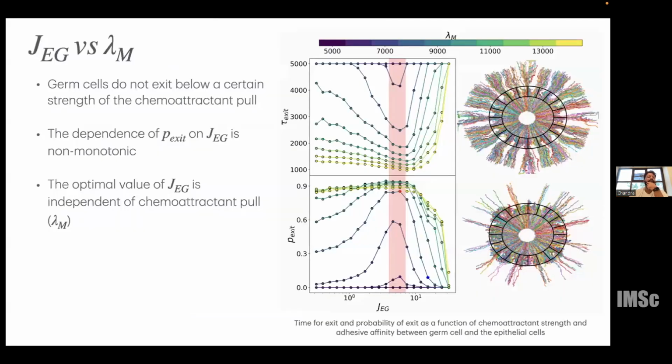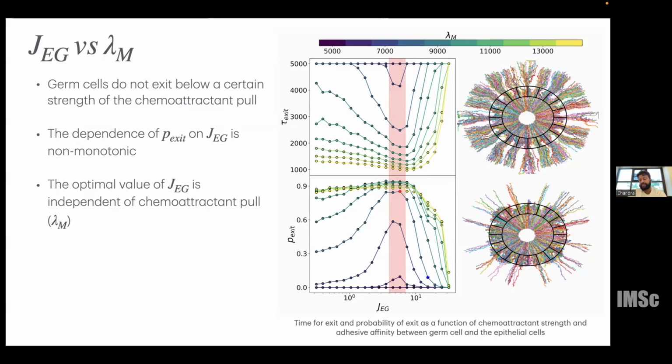All right. So the two things that we wanted to vary to study the system were, one, the strength of the chemoattractant that is pulling the germ cells outside, and two, the adhesive affinity between the epithelial cell and the germ cell. We do that, and we found something very interesting.